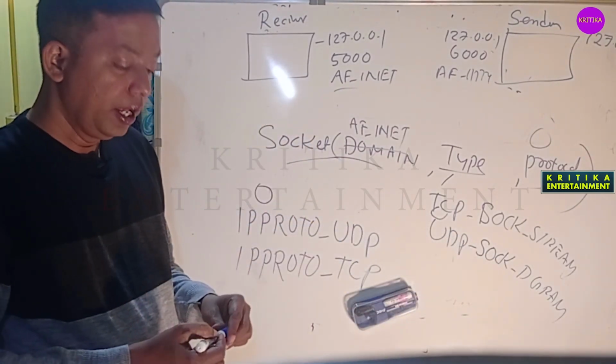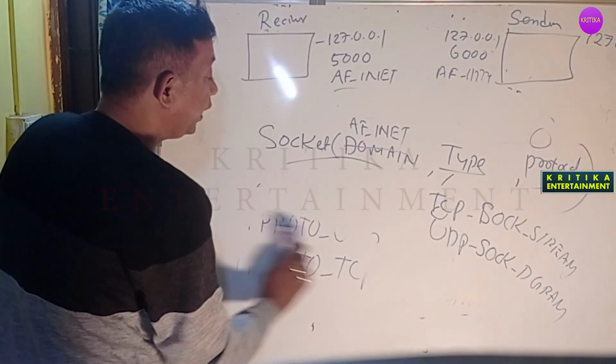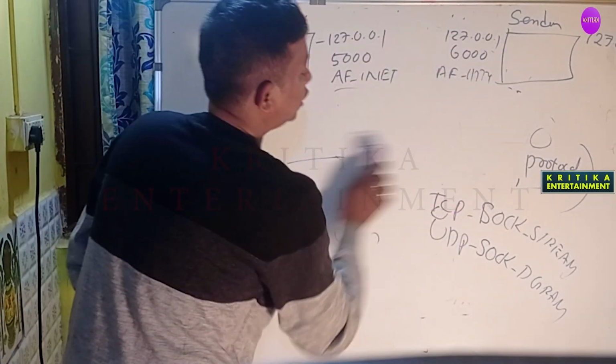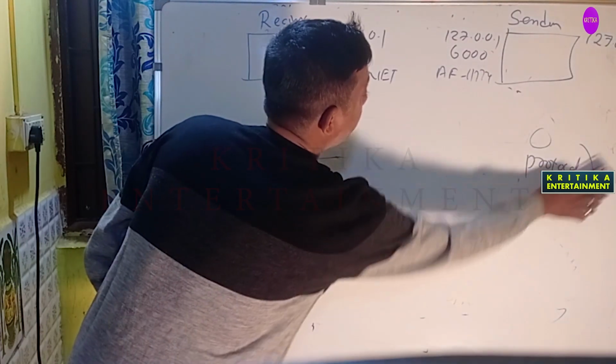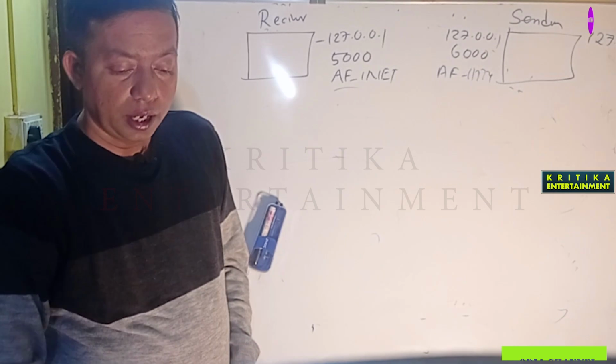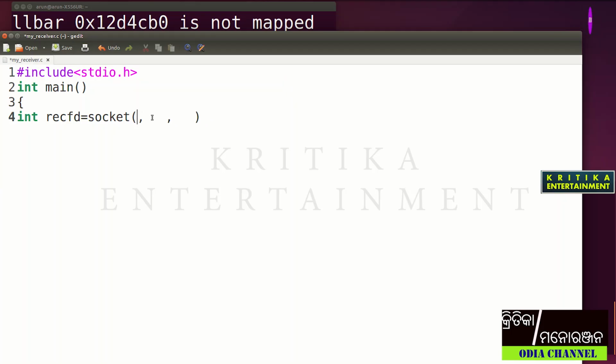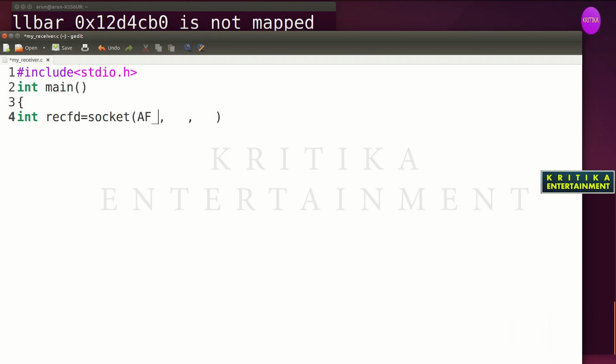Okay, then I will write it in the computer and check what is the value returned from the socket. This is the interesting question. What is the value returned from the socket? Okay, so here I will write the parameters: AF_INET.